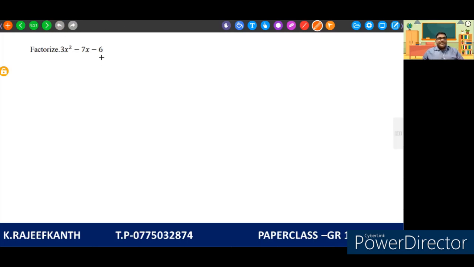Factorize 3x squared minus 7x minus 6. This is a quadratic expression. Here the coefficient of x squared is equal to 3. Then in two ways we can factorize this one.